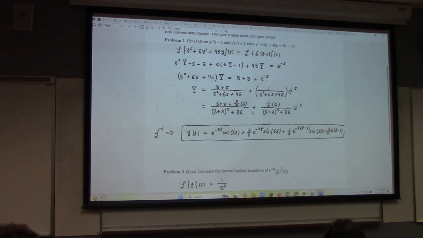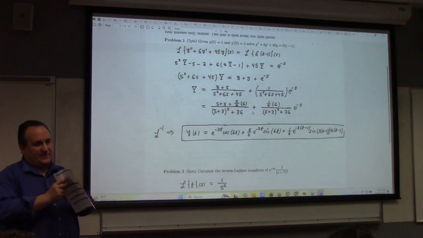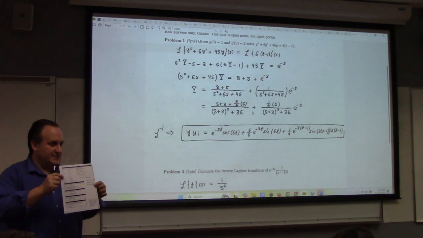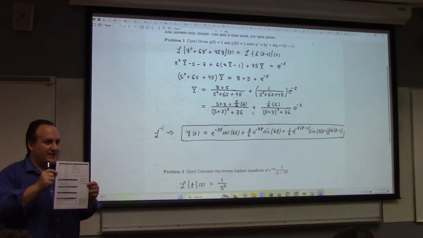So is the u of t minus 1, is that coming from the e to the negative s? Yes. So on the sheet, and you guys keep asking me, but let me say it again. You are allowed to bring this sheet to the test, and you may also write whatever you like on the back, and even between the formulas if you wish. All right. And if any of these ones is too fuzzified for you to read, by all means rewrite it so that you can read it.